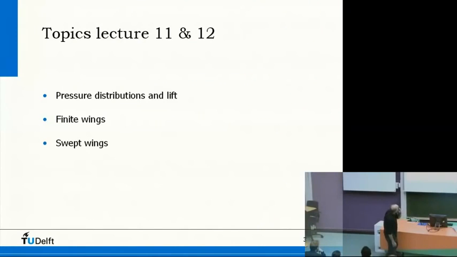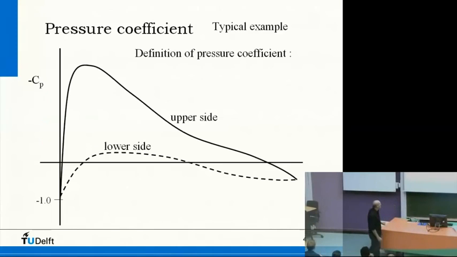So just to quickly go through this one more time to be sure that you also understand what we're talking about. The typical example of a pressure distribution, CP. In general, we do not put here -CP, but CP, and then negative is up, so that you see here 1.